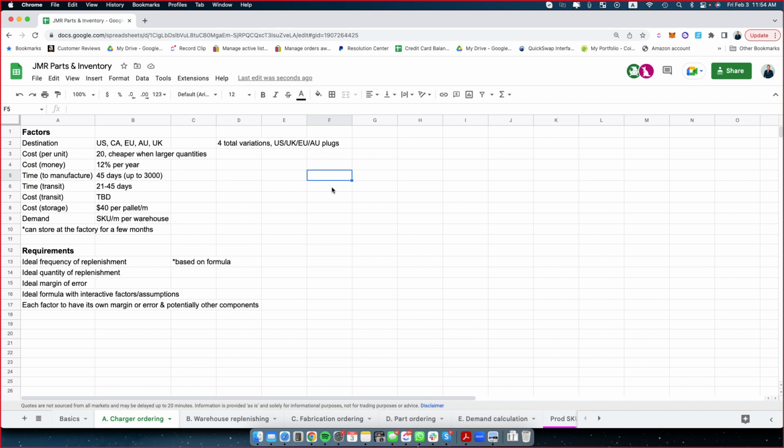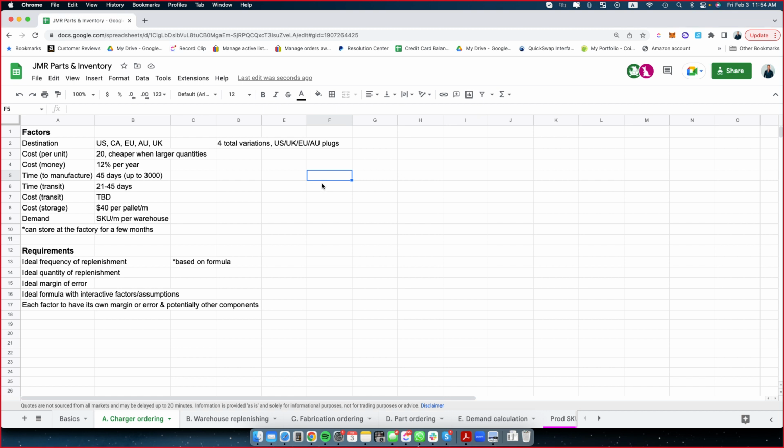Now we need to decide how many of those units we want to send to our warehouse, because we have the option of keeping a certain amount, maybe half or whatever, at the factory for a later shipping.